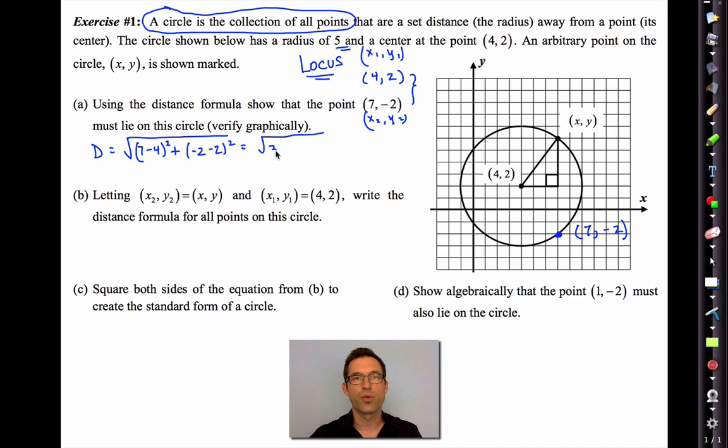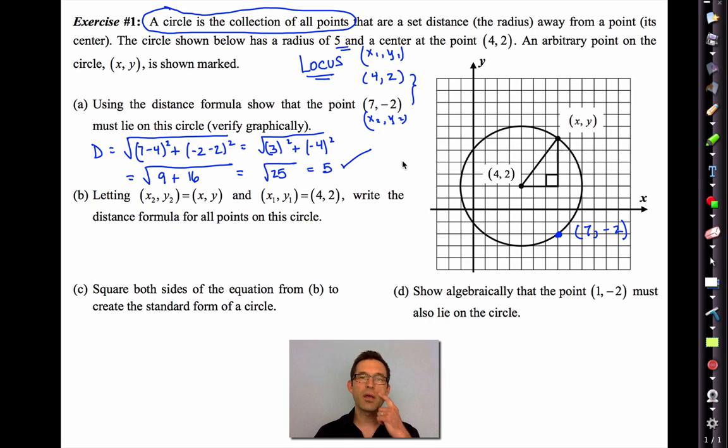So 7 minus 4 is 3 squared. Negative 2 minus 2, watch out, is negative 4 squared. Remember, when we square numbers, they always turn positive. So that negative 4 squared is 16. I get the square root of 25, and that is 5. So because the point 7, negative 2 has a distance of 5 units away from 4, 2, it's got to be on this circle.